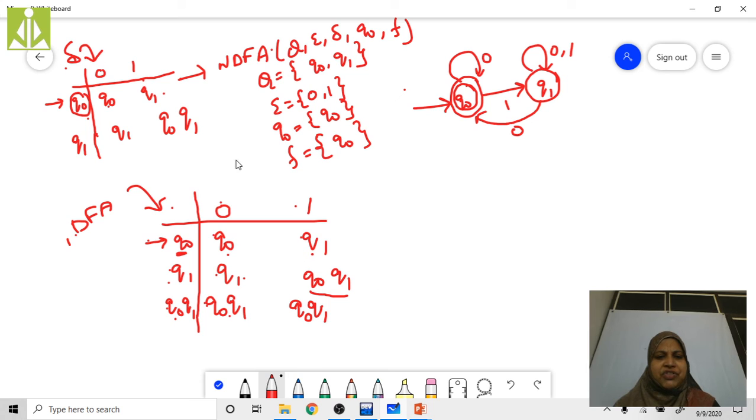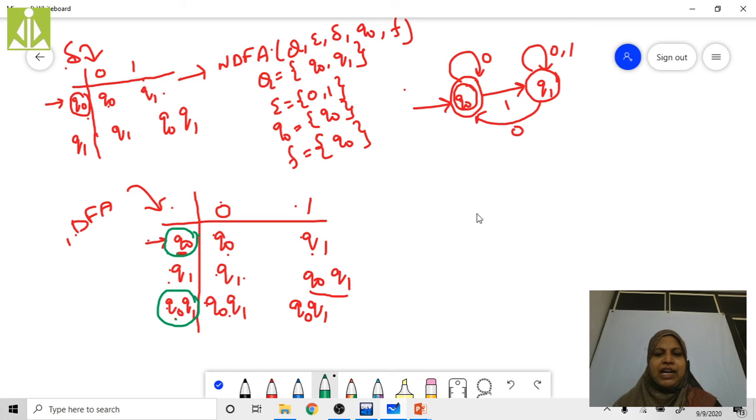So in this transition table, wherever Q0 is there, those states become final states. Q1 is not a final state, because in the NDFA Q0 is the final state. Q0 Q1 contains Q0, so this state also becomes a final state for the DFA.